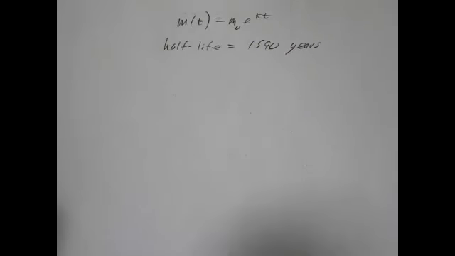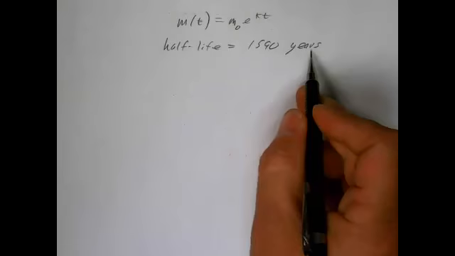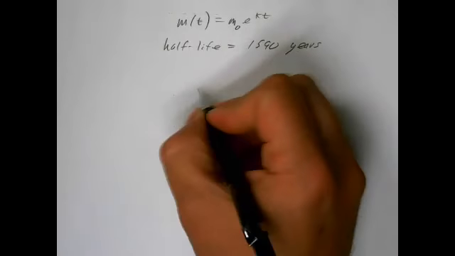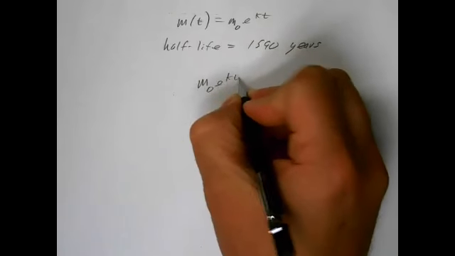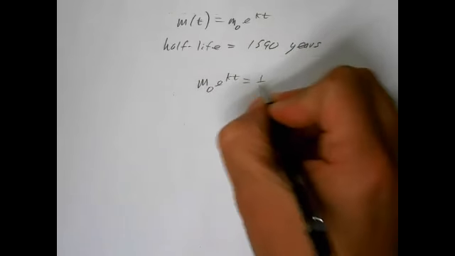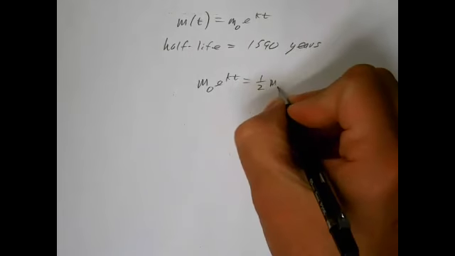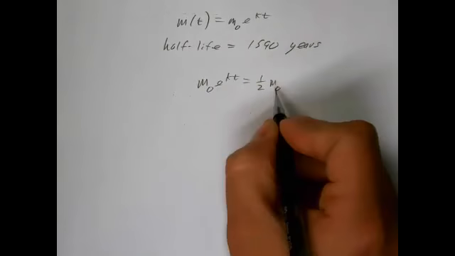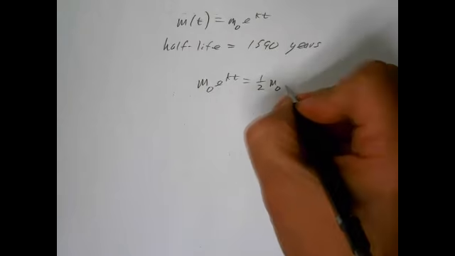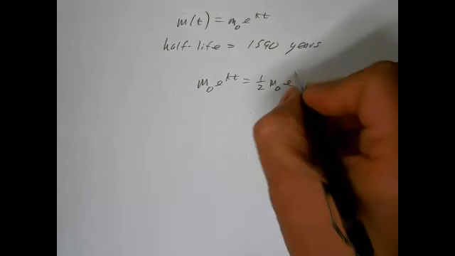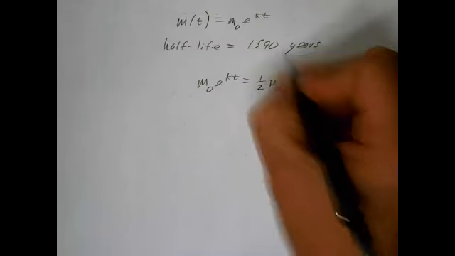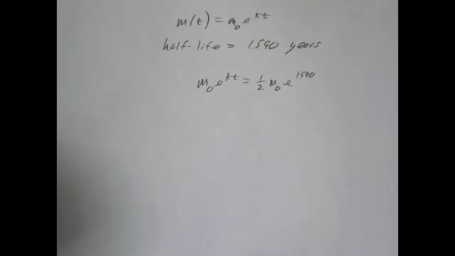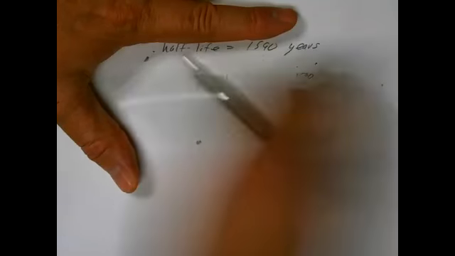So if they tell you the half-life is 1,590 years, you can say that the mass at time 0 times e to the kt is equal to 1/2 the mass at time 0, because the mass has been cut in half, times an e to the, let's see, the 1,590. Oh, hold on. I can do this better. I can make this a little bit easier.